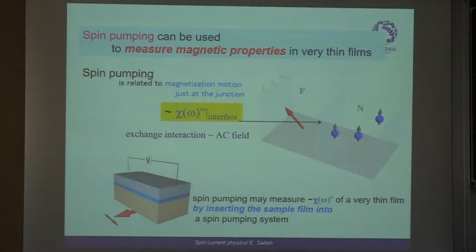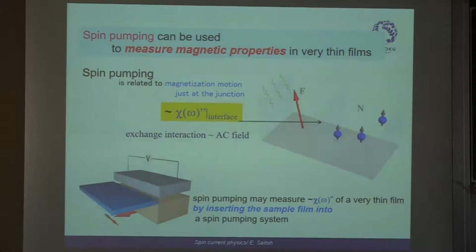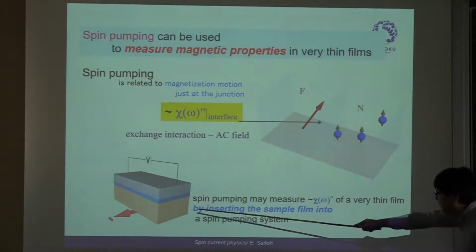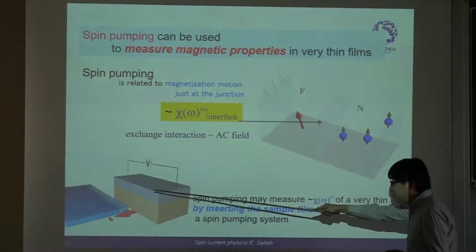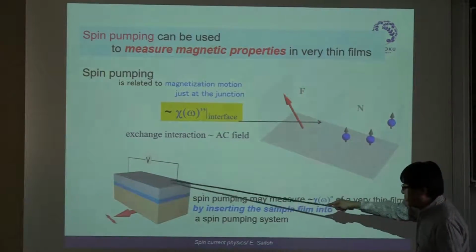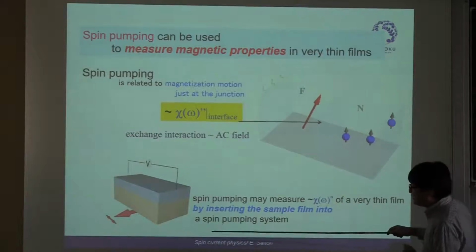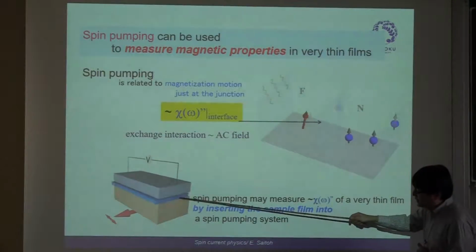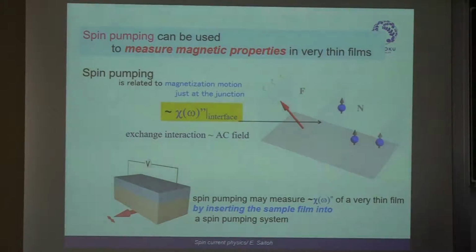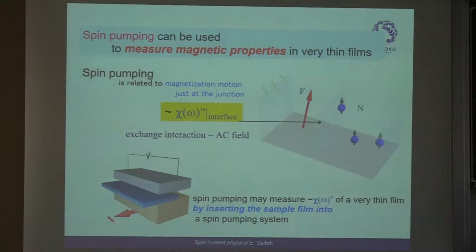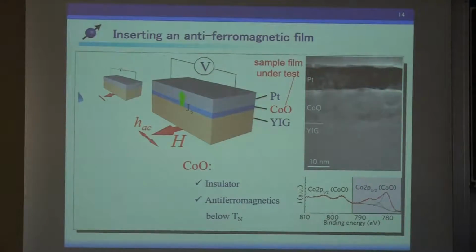So spin pumping may measure the magnetic susceptibility of a very thin film by putting this sample into the spin pumping system like this. Since the spin pumping is very sensitive to the magnetic susceptibility here, we inserted cobalt oxide, CoO. Cobalt oxide exhibits an antiferromagnetic transition. So we made a trilayer sample of YIG, cobalt oxide and platinum.